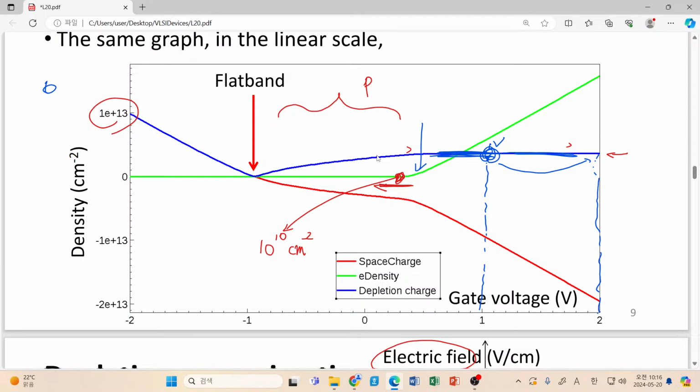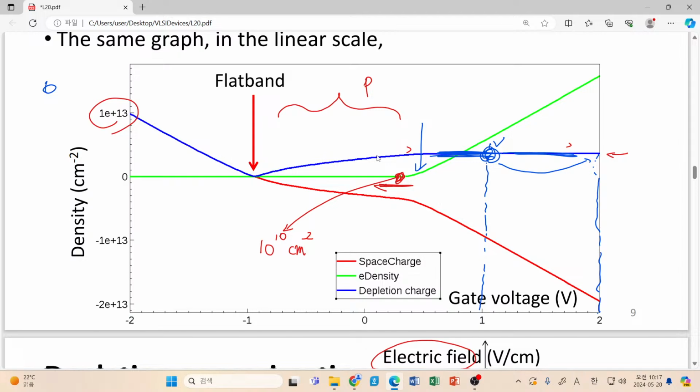The surface potential is just fixed to a certain value, and the additional voltage is all consumed by what? Consumed by our oxide layer. The oxide layer takes all of the additionally applied potential, and the surface potential is just fixed to an almost constant value. So why am I saying almost?